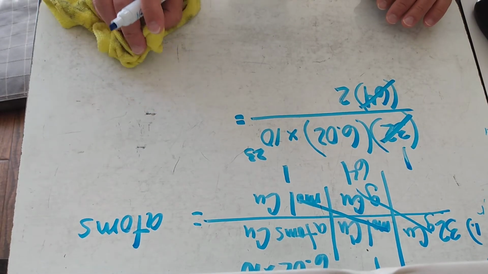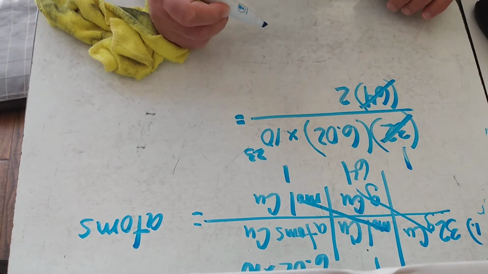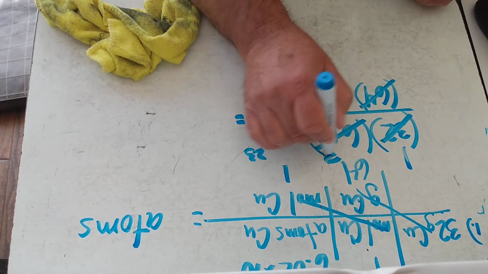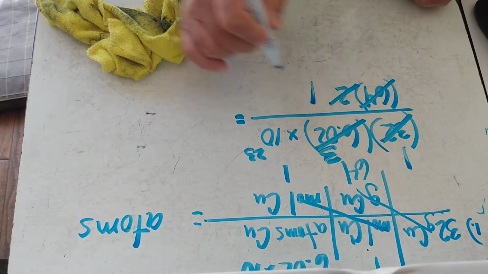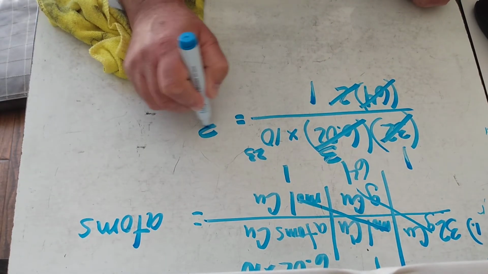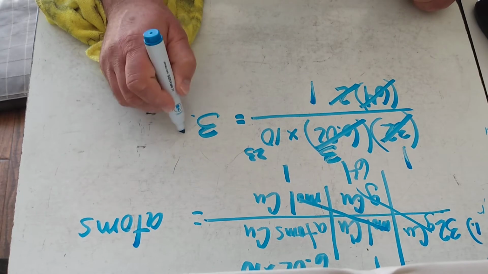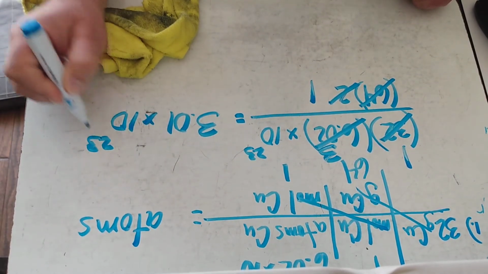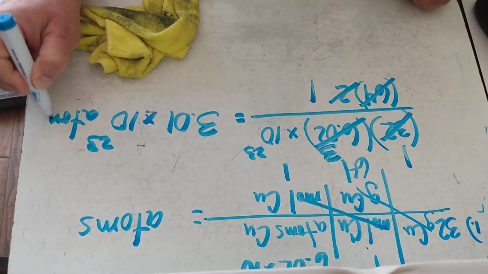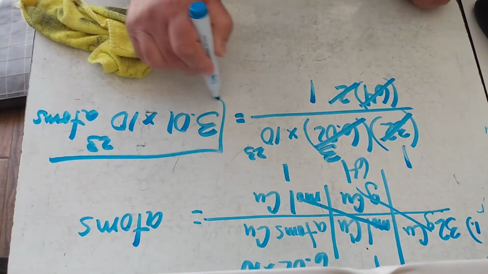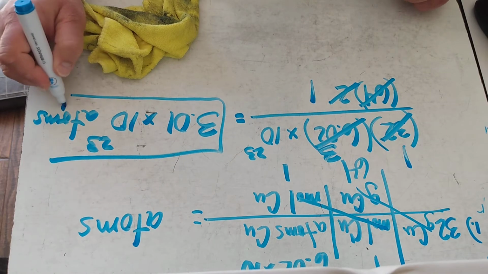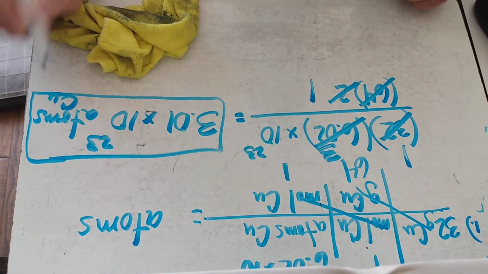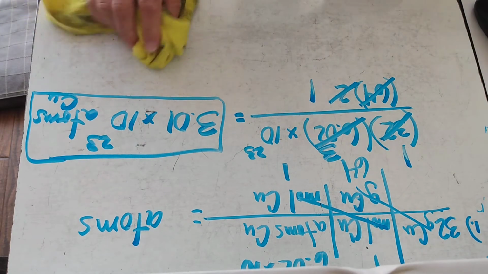So this makes it really simple. 2 can go into 6 how many times? 3 times. So this now becomes 3, and this becomes a 1. So now we end up getting 3. It's actually 3.01, but 3 times 10 to the 23rd atoms. Box your answer. Oh, of copper. So that's how we do problem number 1.